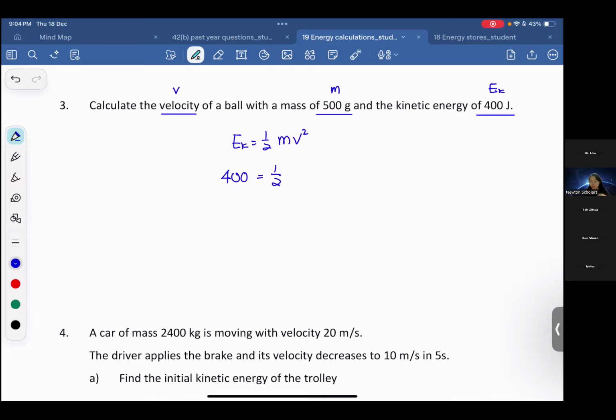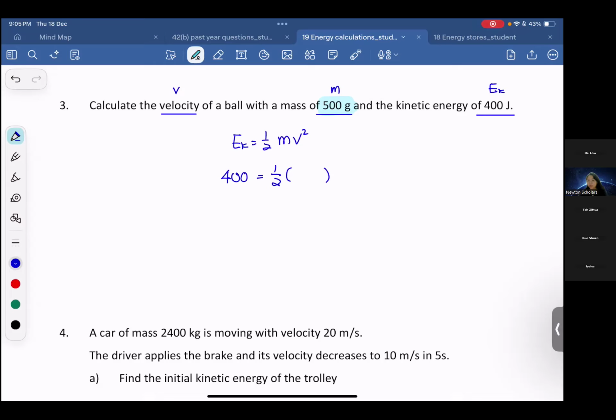Zihua, yes. Did you convert 500 gram? Yes. Oh, Zihua done. Now it's Huitong. Huitong, your answer is wrong. Maybe got two reasons. One is, did you convert 500 gram to kg?